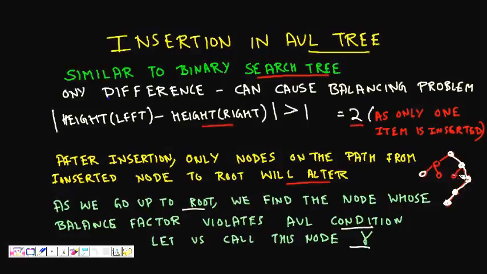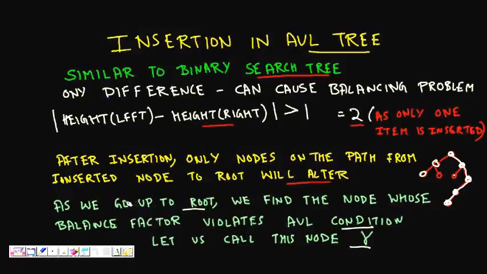But for this node nothing has changed, because its left and right subtrees are not affected by this insertion. That's why we go from the inserted node towards the root, and only nodes that fall in that path have their balance factor affected.